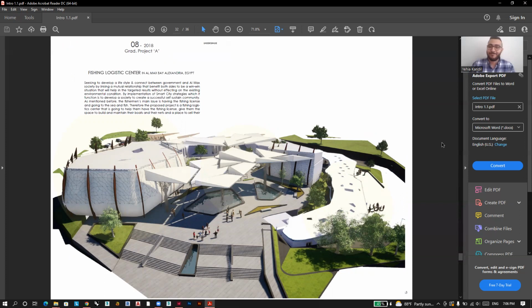This is my undergraduate project, called Fishing Logistics Center. It basically fixes an issue between the people and the government, because in this specific location a lot of incidents happened, and they needed to find a solution that serves both, a win-win situation.